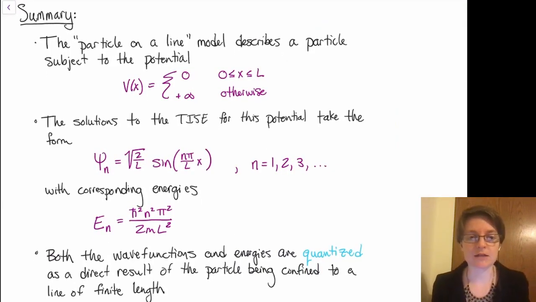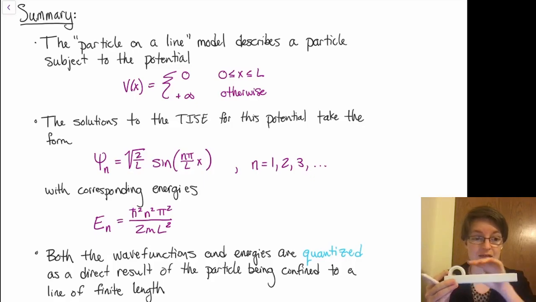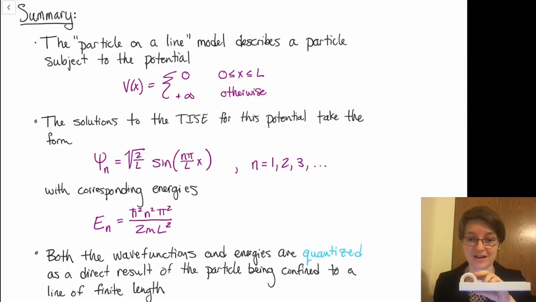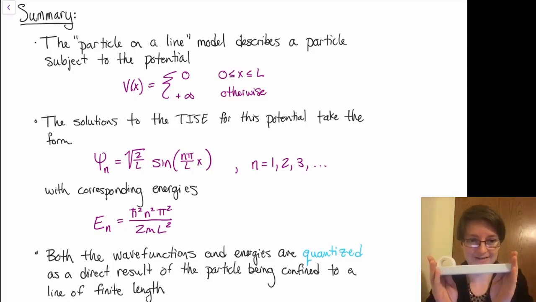Today in class we talked about a particle on a line model, and that by definition is a particle that's subject to the potential V(x) equal to 0 inside of our confined area, and it's equal to infinity outside of the area. And that infinity part is to make sure that we guarantee that this particle is not allowed to leave this confined area.